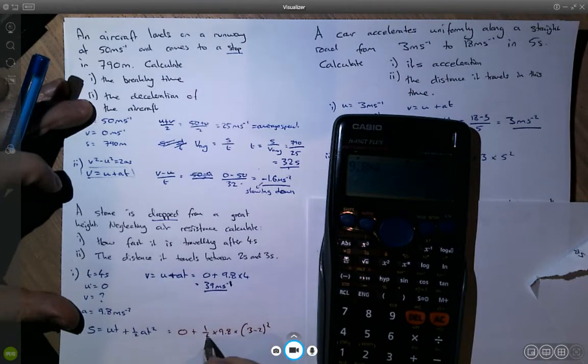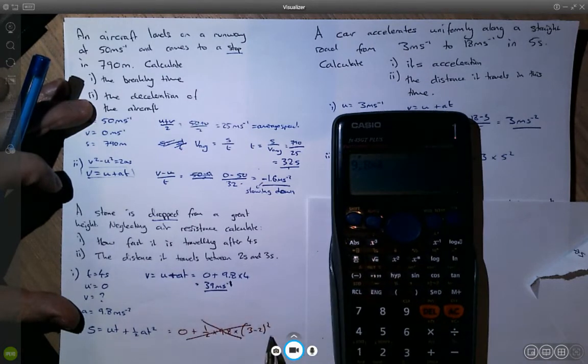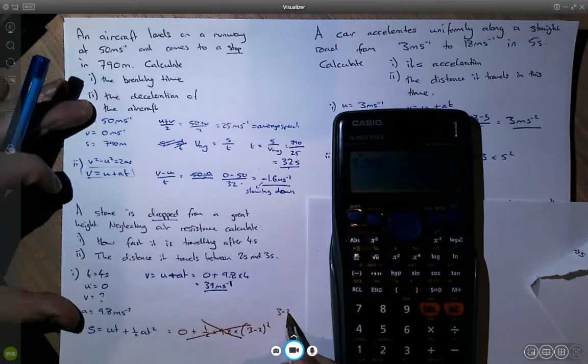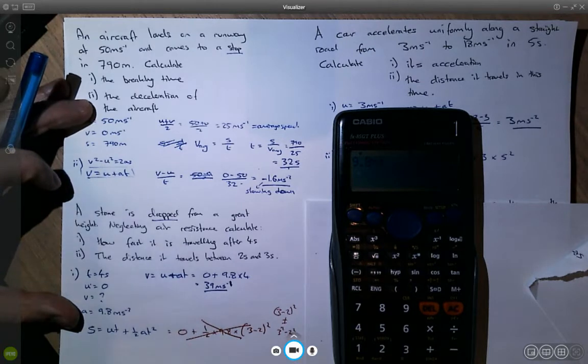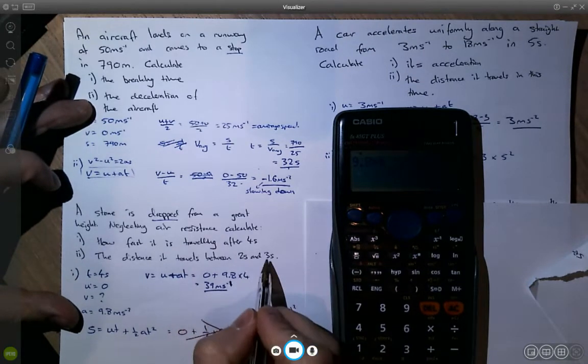But this is wrong. The reason that this is wrong is because 3 minus 2 squared is not the same as 3 squared minus 2 squared. And we only want the distance it travels between 2 and 3.